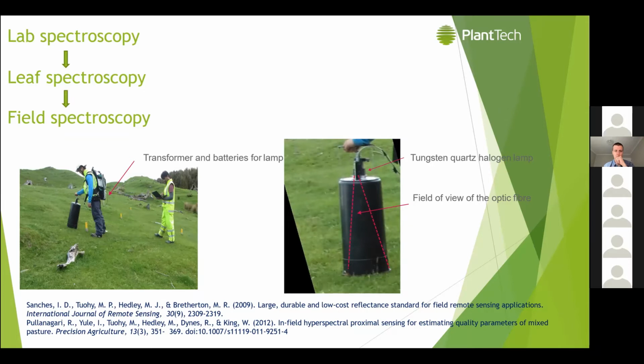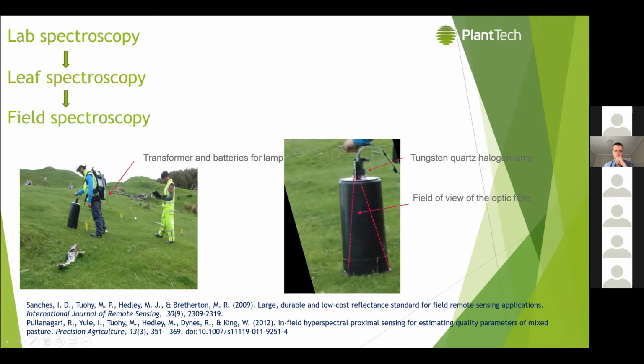Then we started working with leaf spectroscopy. Can we really determine leaf chemistry using these spectroscopy tools? Then we found very encouraging results. Then we moved on to field spectroscopy.